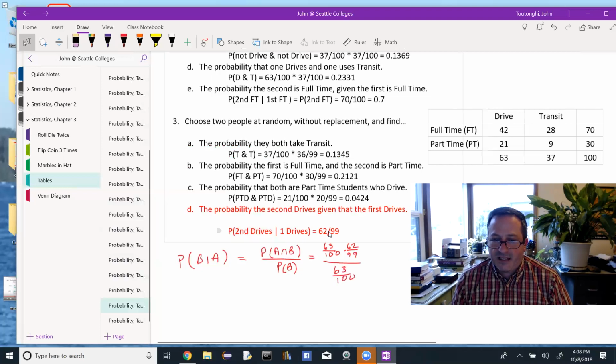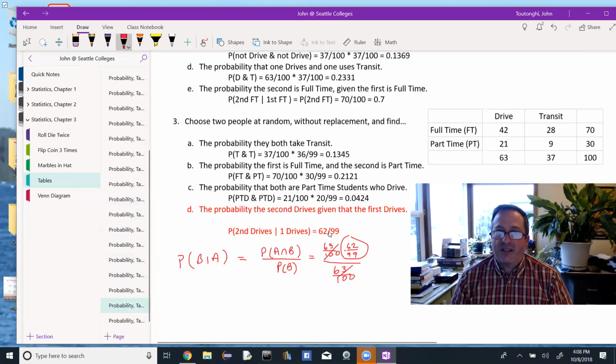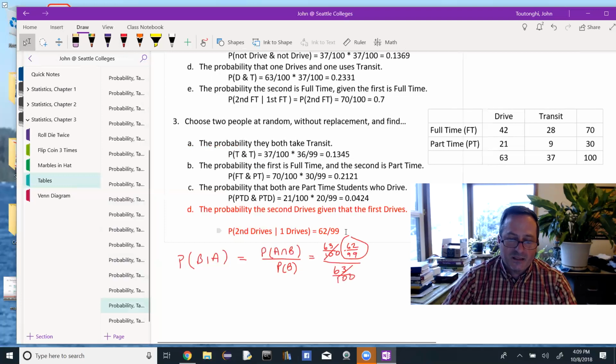And so again, just like the last problem, these initial probabilities are canceling, and we're left with this 62 out of 99. Unlike the previous part, the numbers went down by 1, both the numerator, the people who drive, and the total number of people, 99. And again, it's around 63%.